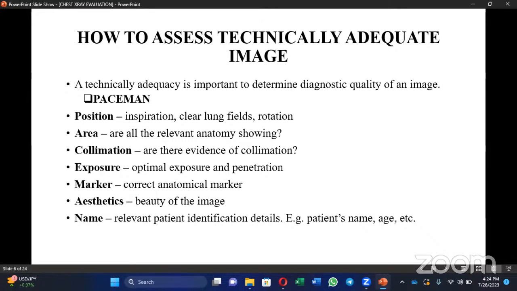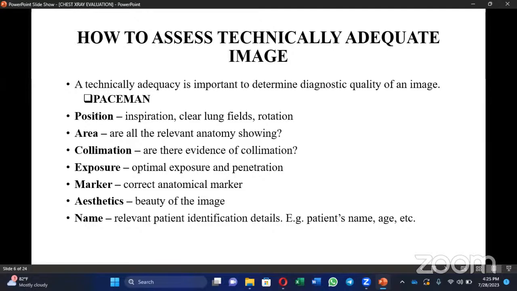You ask, did the patient really do the inspiration very well, okay? And the inspiration is assessed by counting the ribs, okay? So when you are counting the ribs, let's see, this one is for a normal X-ray film, and then in a PA view, okay? You should be able to count at least 9 to 10 posterior ribs above the diaphragm.